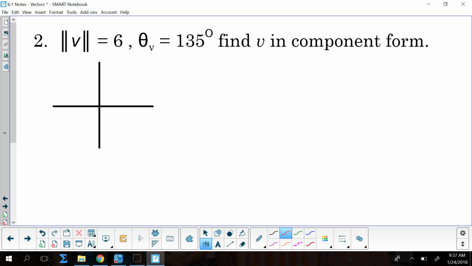Quadrant 2. Yep. And that's actually going to go up kind of like through in here. So right here is 135 degrees, which means what's left over? 45? As my reference angle then would be 45 degrees. Okay, good.